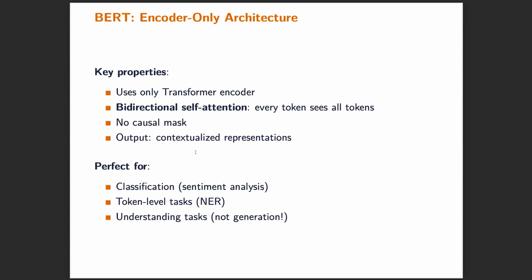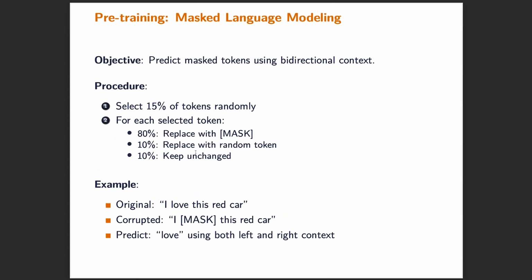Just like Vision Transformer, they can be great for classification, for example, sentiment analysis. They can fill or replace tokens, and they can also understand tasks in case we want to use them for another reason than classification.